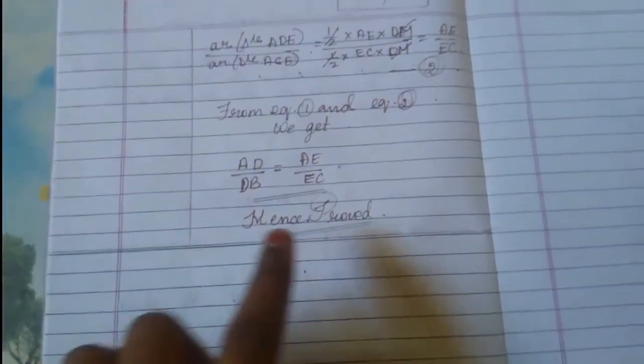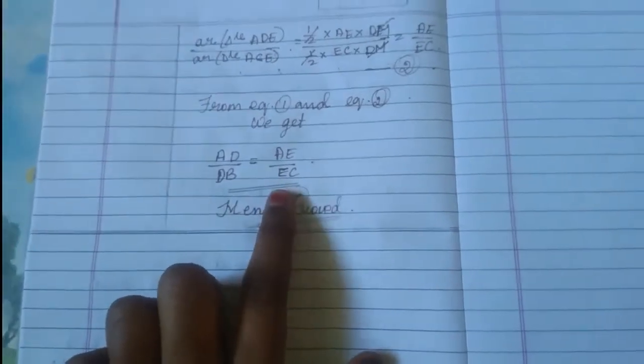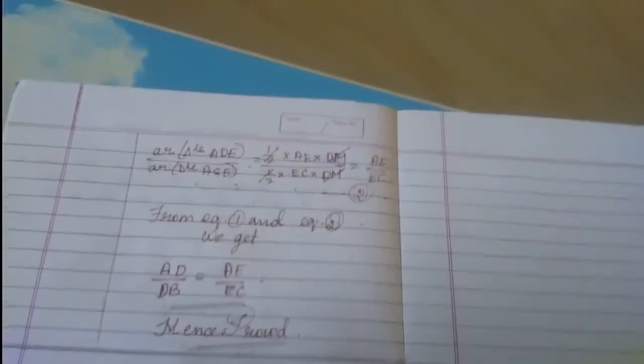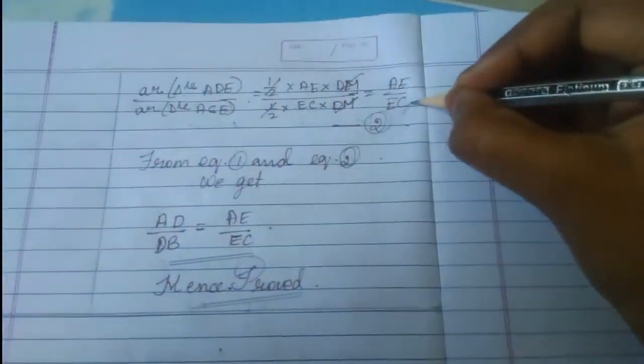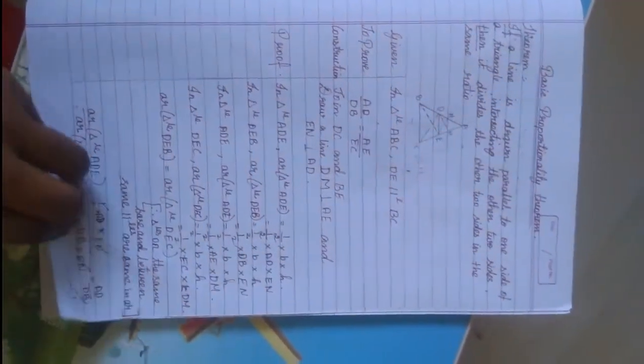It should be drawn. We can underline the answer, I mean the ending one, and hence proved also should be underlined. Also, the very important thing, the equation 1 and 2 what we got should be underlined. And this is the correct and final, very correct way to present a theorem such that we can get full mark in theorem.